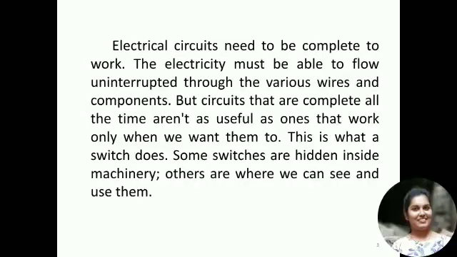So switching is done by us when we press the switches or the buttons, right? The push button switch is such a kind of switch where every button is physically visible to us.